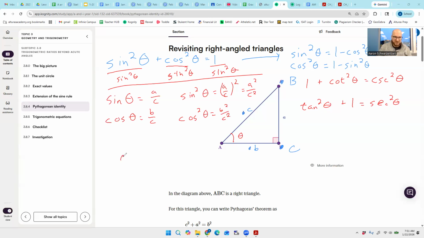So I start with the Pythagorean theorem. That's been proven. I'm not going to prove it here. You can take my word for it, or every other math book in history's word for it. And we'll divide everything by C squared. And then we get A squared over C squared plus B squared over C squared equals 1.